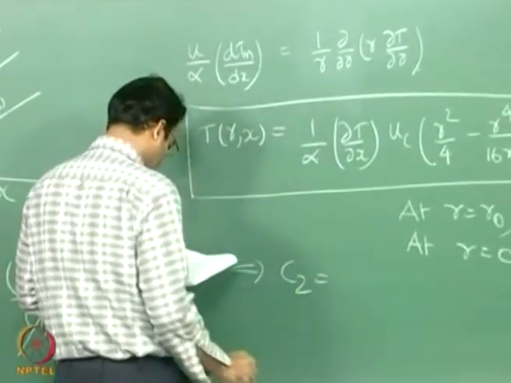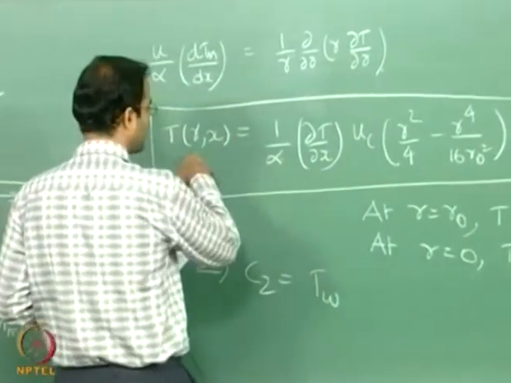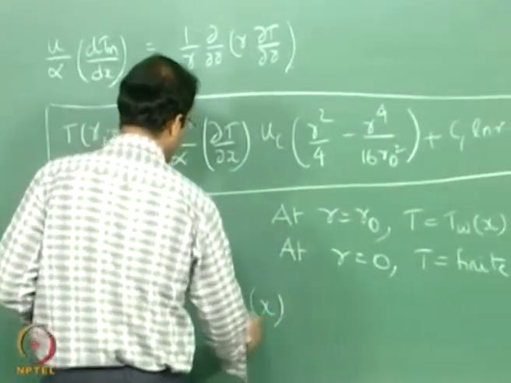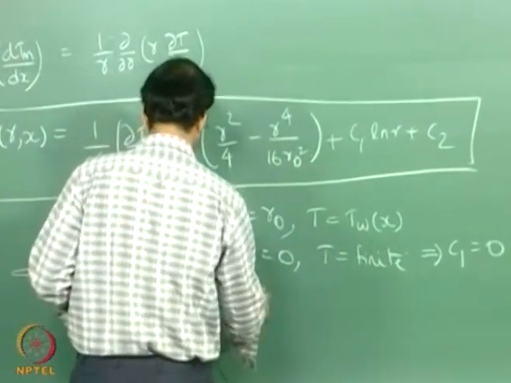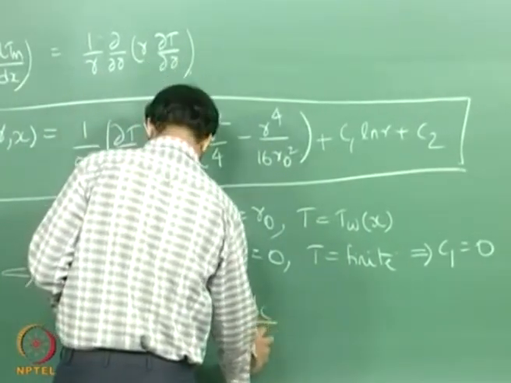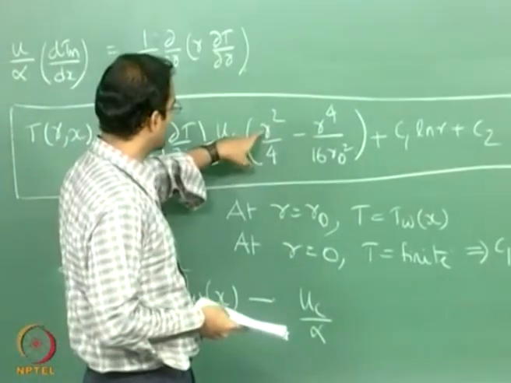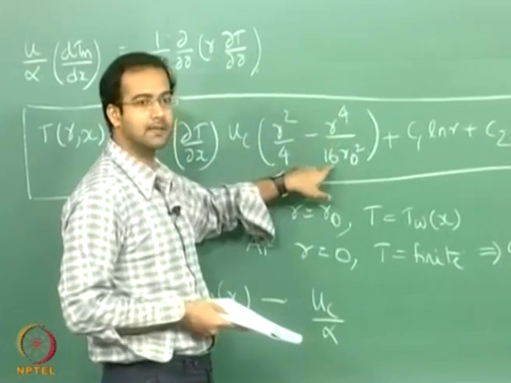you can determine the constant. So at r equal to r naught, T will become T wall. This will be T wall of x minus, this entire thing goes to the left hand side, this is Uc by alpha into, so now this is evaluated at r naught, so this is r naught square by 4 minus r naught square by 16, okay.